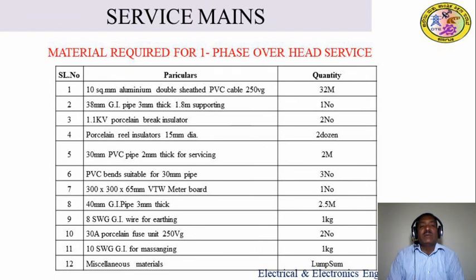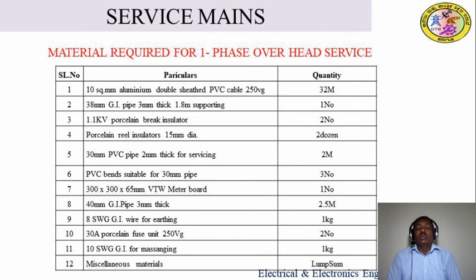Next, 8 SWG GI wire for earthing, 1 kg is required. Next, 30 amps porcelain fuse unit 250 volt grade, 2 numbers are required. Then 10 SWG GI wire for messenger, 1 kg is required. Last, the miscellaneous material should be considered as a lump sum.